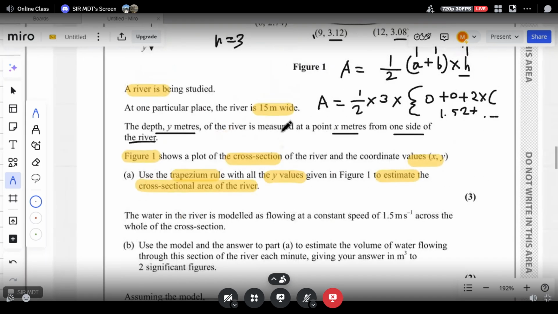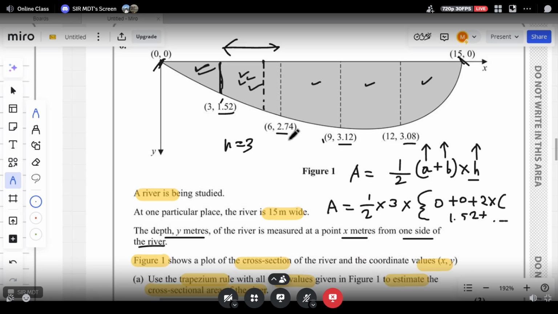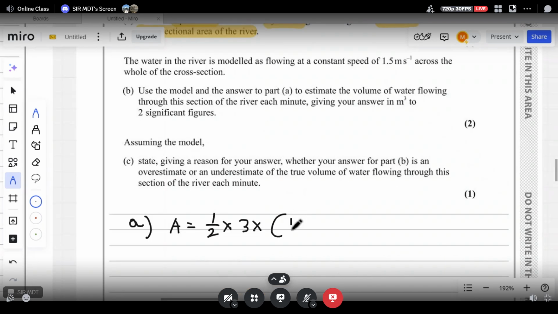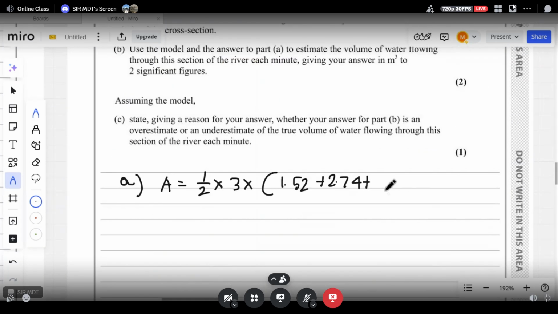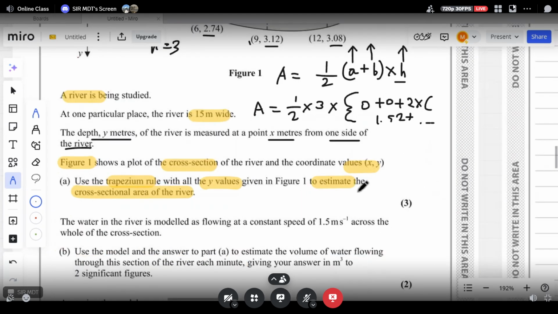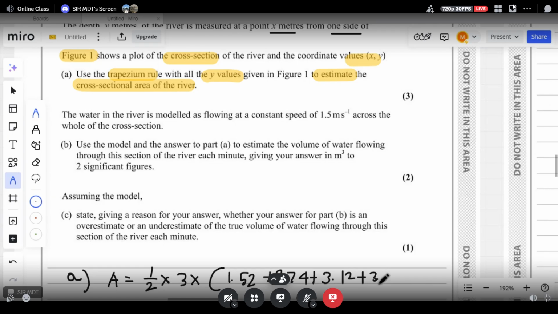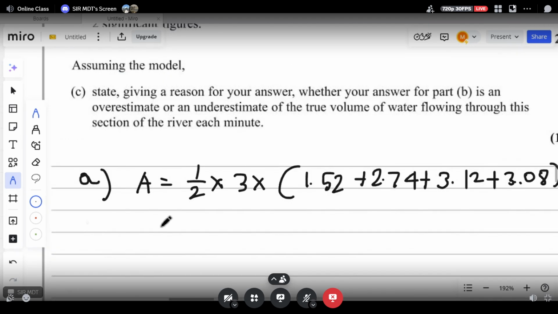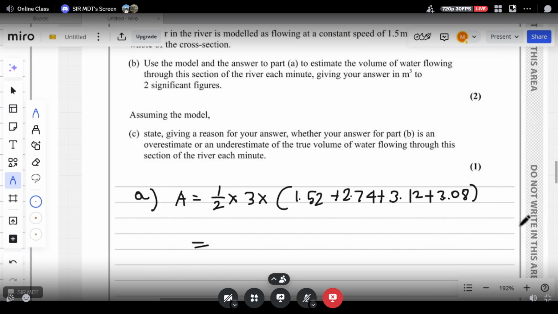And between them, what are the heights? 1.52 plus 2.74 plus 3.12 plus 3.08. That's it. So the unit should be meter squared, the cross-sectional area.